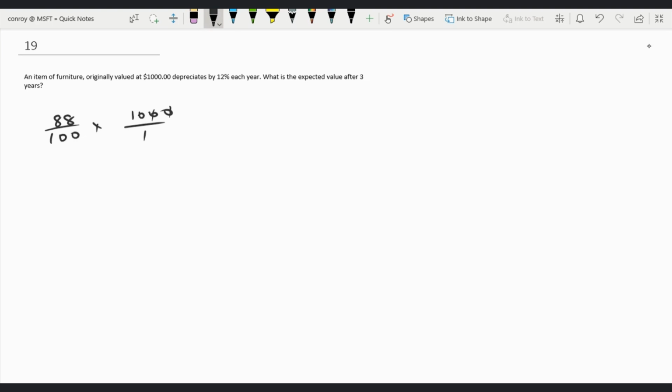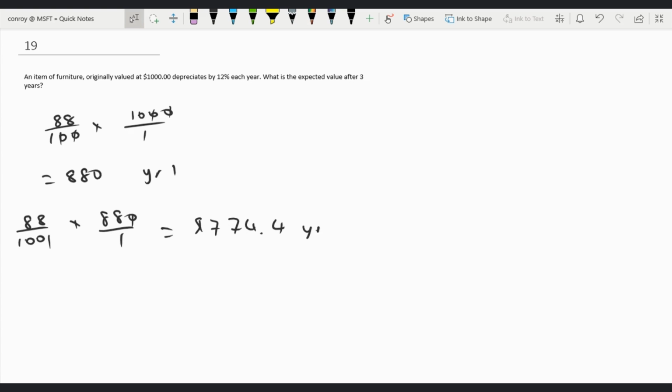We're able to cancel our zeros, and so our answer will be 880, and this will be year 1. Trying to find now the value for year 2, our figure would be 774.4.